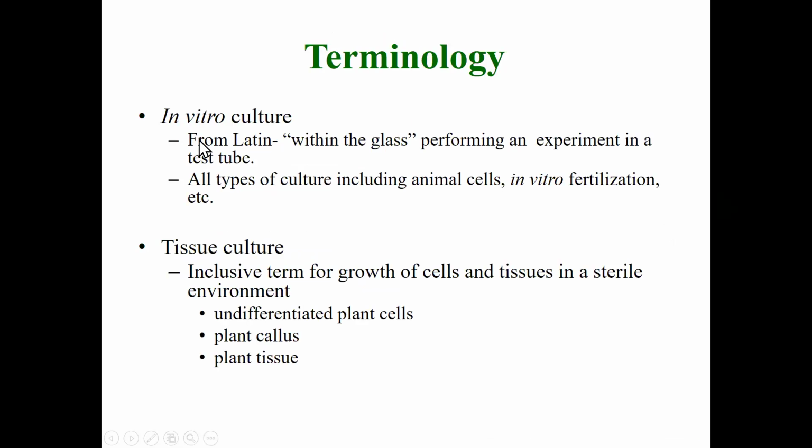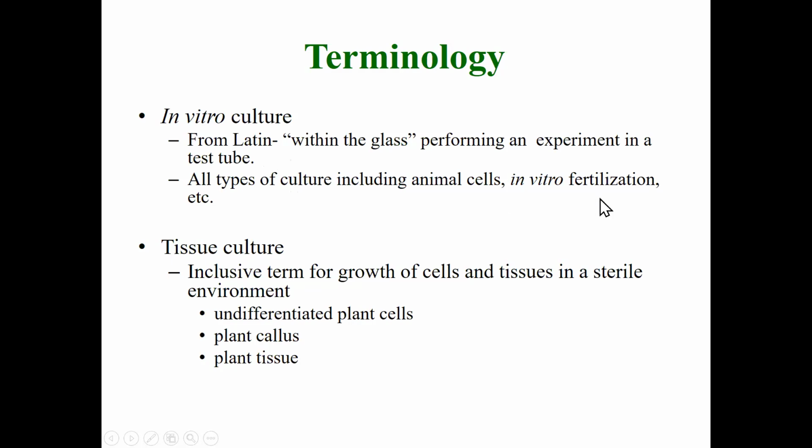Another terminology, as I told you before, is in vitro culture. The term comes from the Latin, which means within the glass, performing an experiment in a test tube. All these types of culture, including animal cells, are in vitro.